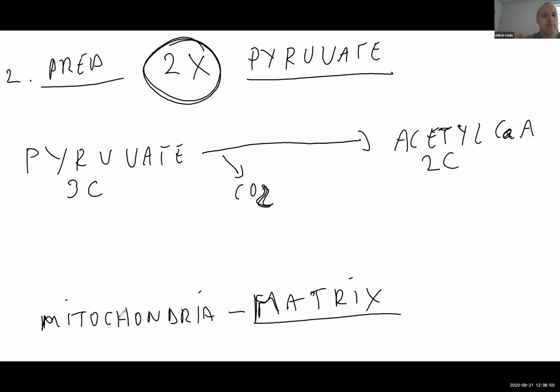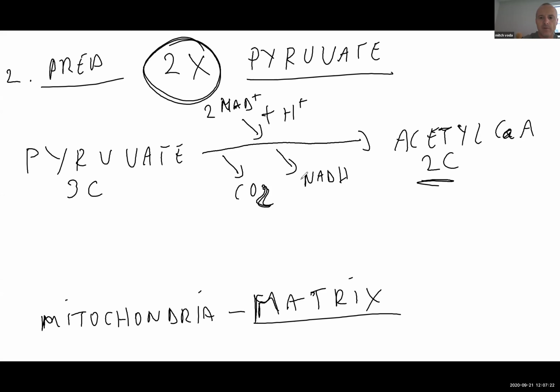Here, pyruvate is broken down to acetyl coenzyme A, which is 2 carbon. In the process, one more thing happens. Pyruvate sheds a bunch of hydrogens to NAD+, so it turns into NADH.